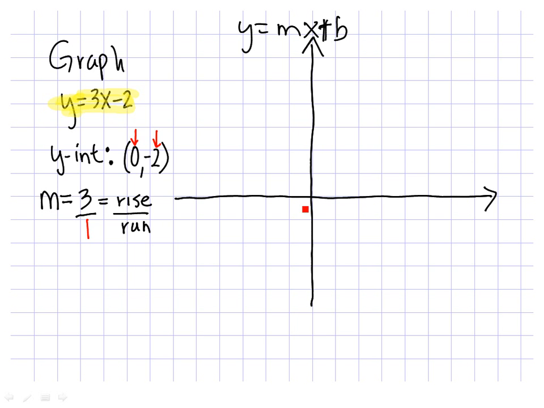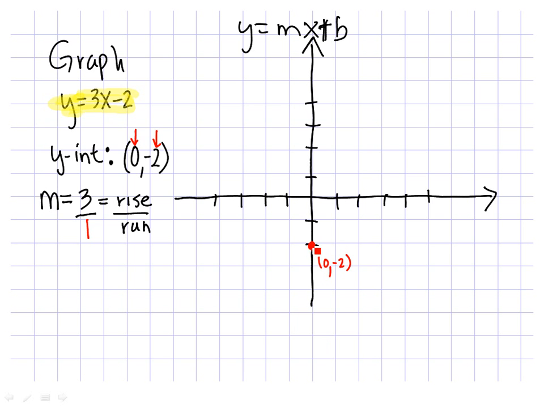But for -2, we will go down so many units. Okay, we will go down 2 units in this case. So let me put some little markings here, and let me plot the 0, -2. So this is 0, -2 here.